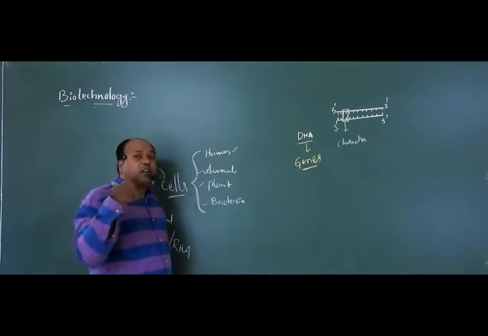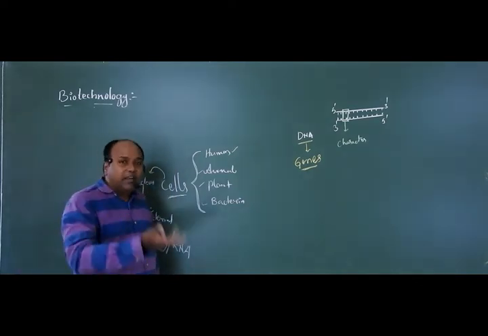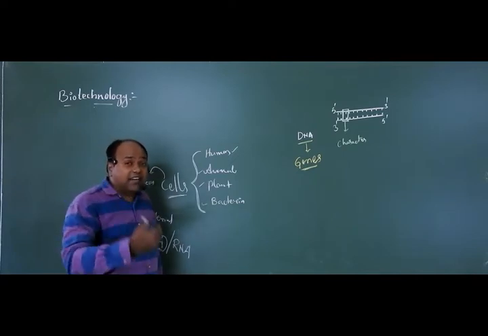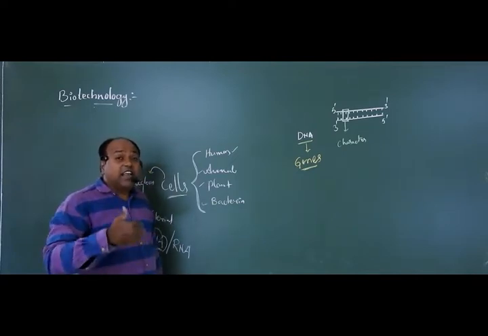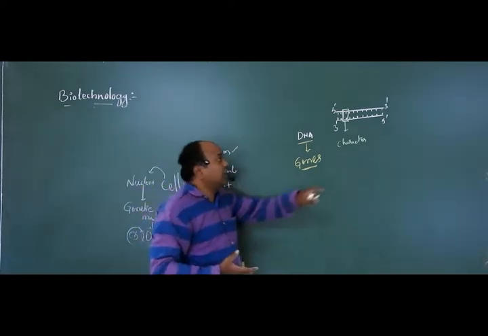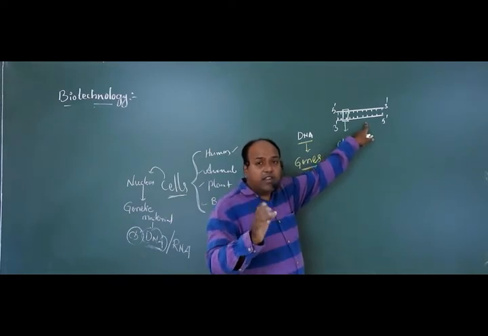Some plants give red flowers, some white, some yellow, some pink. All these are nothing but characters, and these characters are expressed by the genes which are present on the DNA.